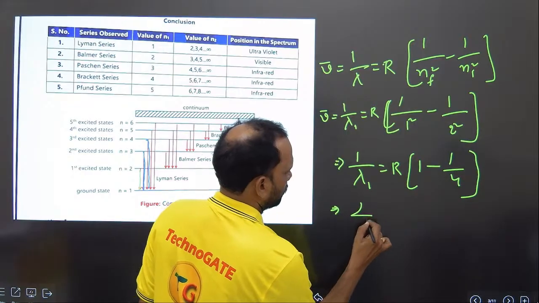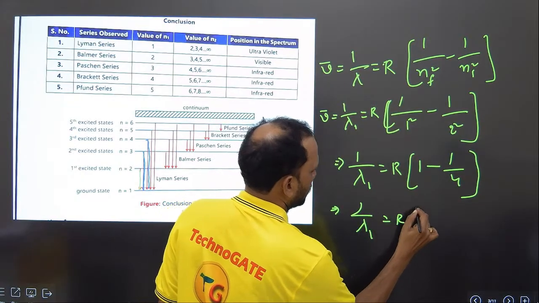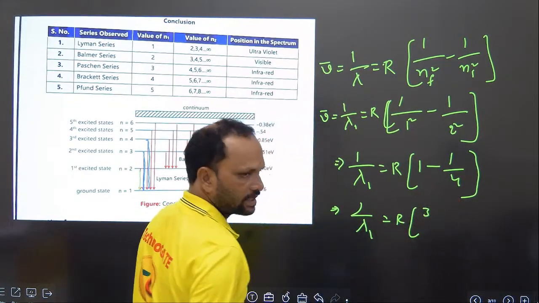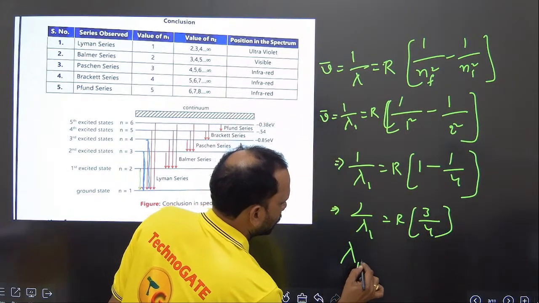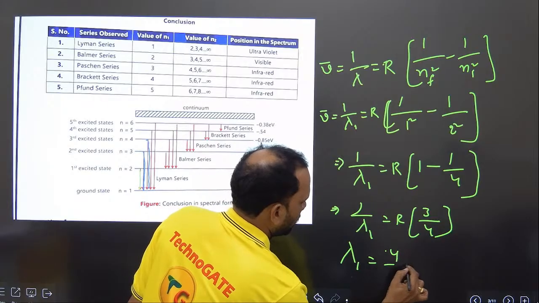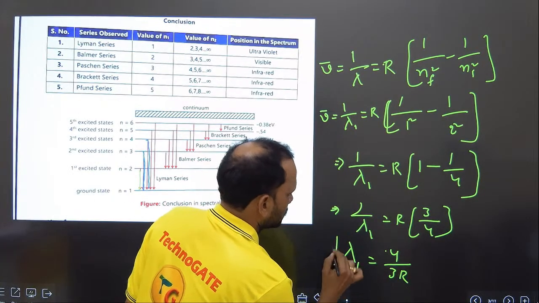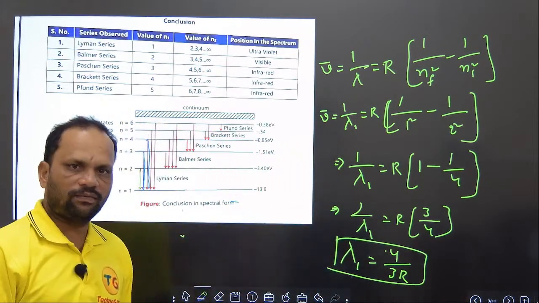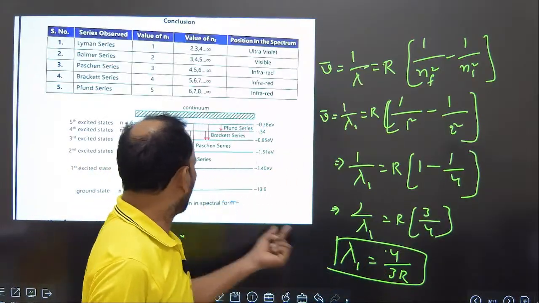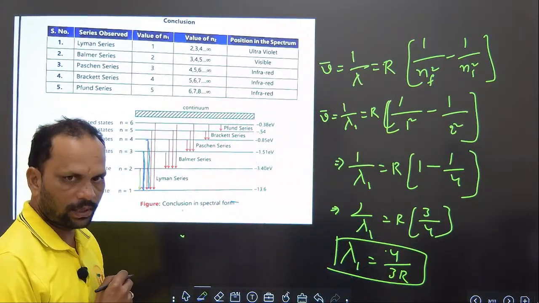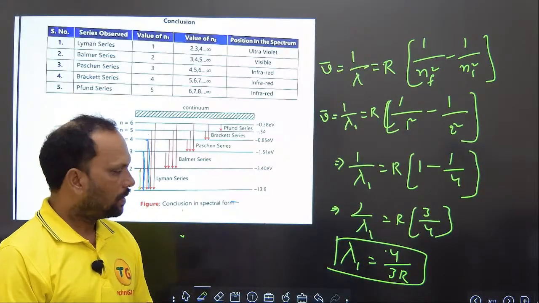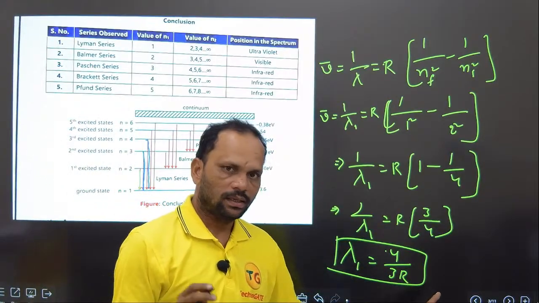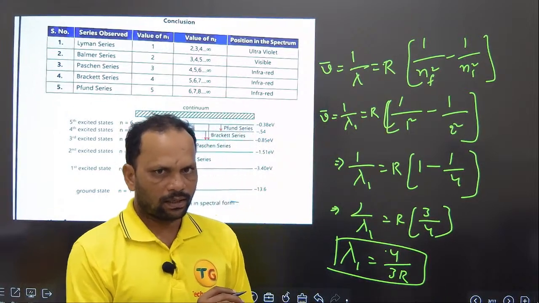The LCM is 4, so 3 by 4. Then lambda 1 is equal to 4 by 3R. This is the wavelength of the first member of the Lyman series, where R is the Rydberg constant.